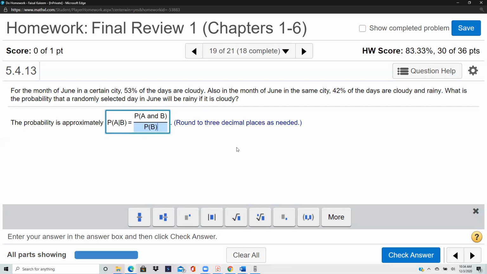Given means that a fact has been given to us, or we are told that something is the case. So what's that word in this problem?